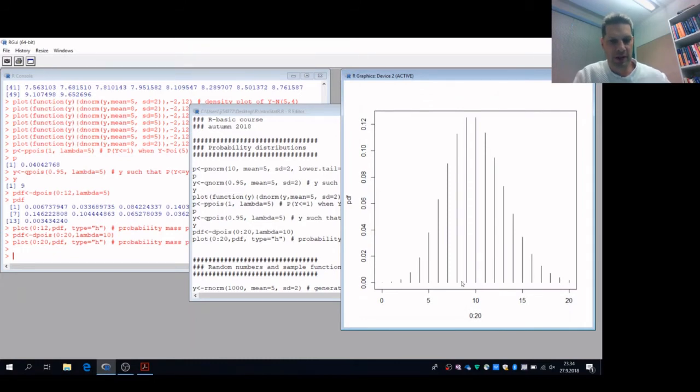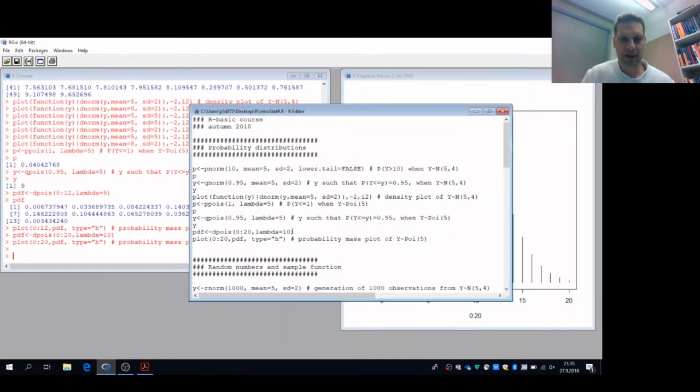And of course it cannot be 0, because then the only values that are available for Poisson distribution are zeros. But you can just simply change the value of lambda and see what sort of effect it has on the distribution and for these graphs.